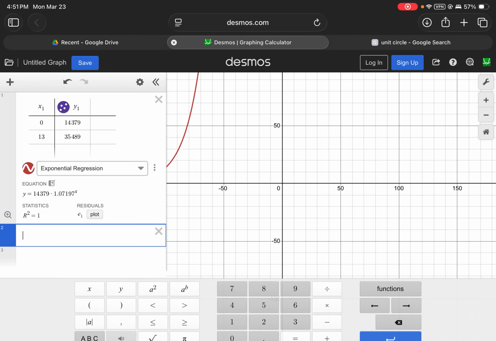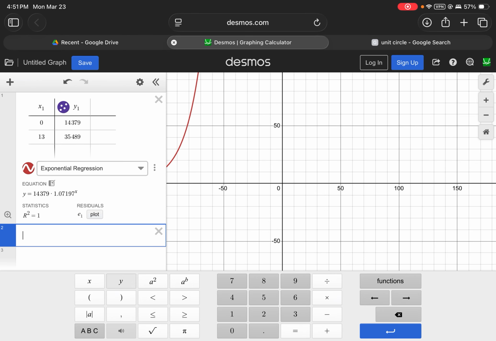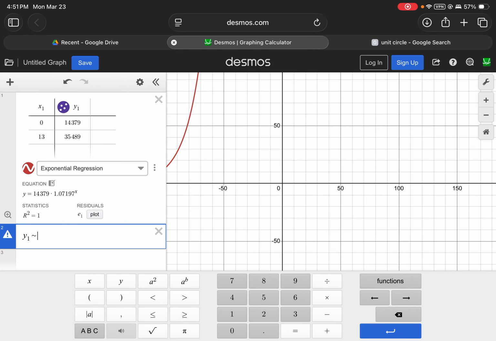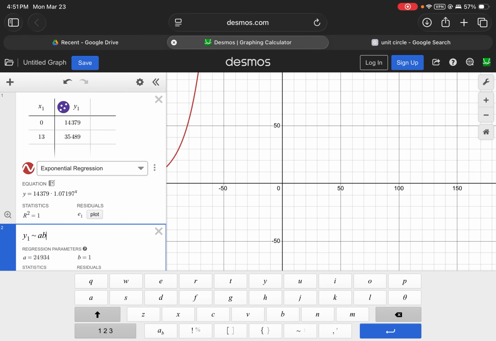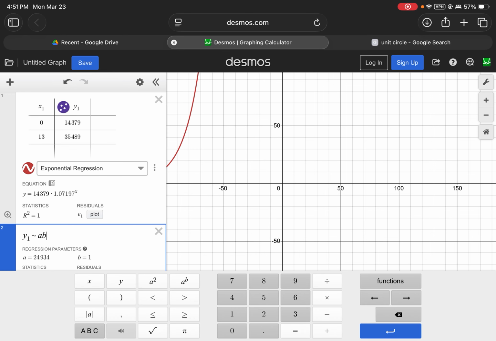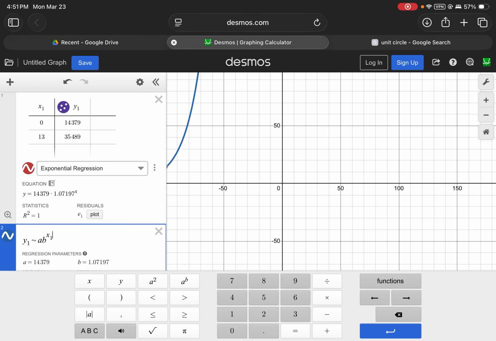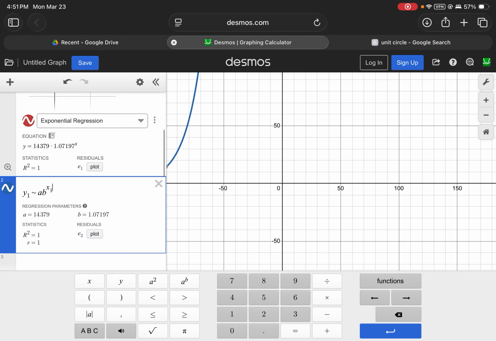If it wasn't, I would have had to do y1 tilde a, b to the x1. And you can see I get the same answer no matter what.